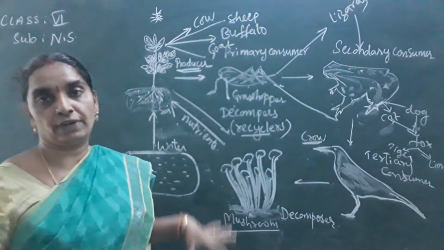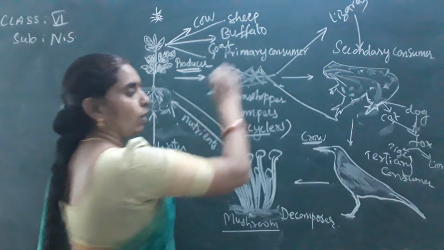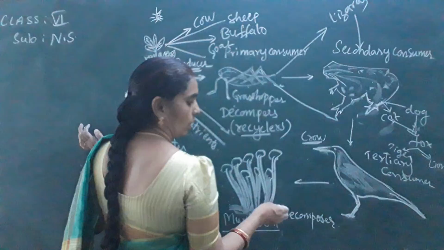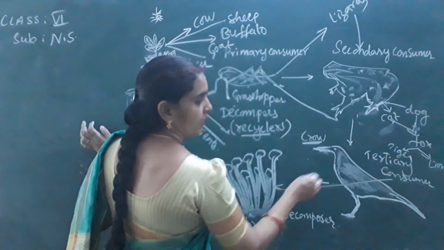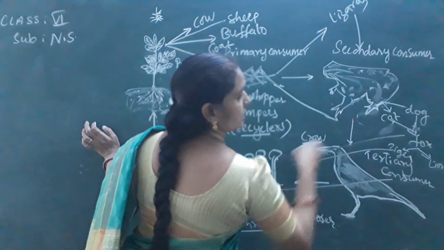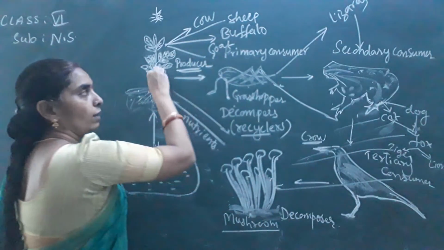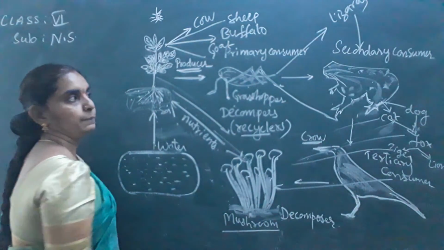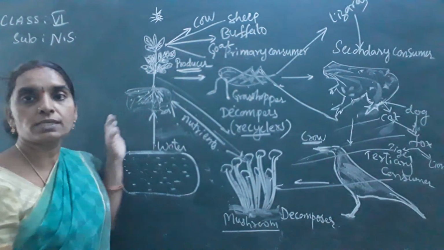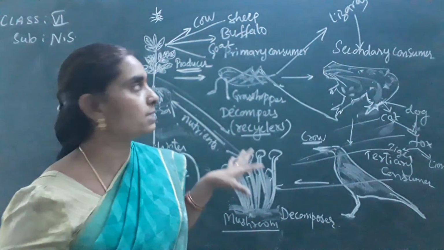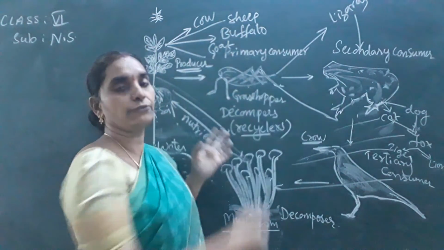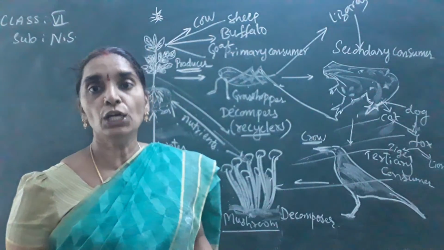It forms a web-like arrangement. These all in turn are eaten by decomposers. All the animals and all the plants are decomposed by the decomposers. So here several food chains are formed which form the food web.